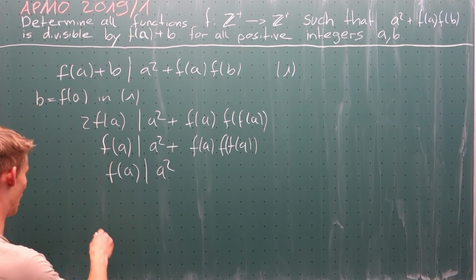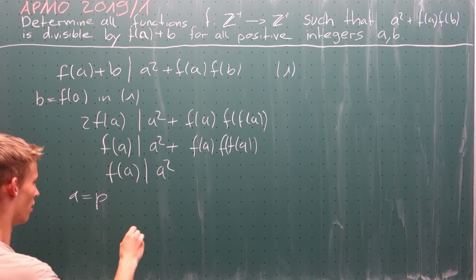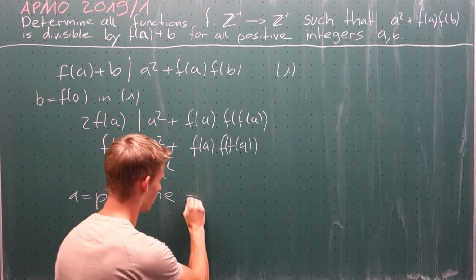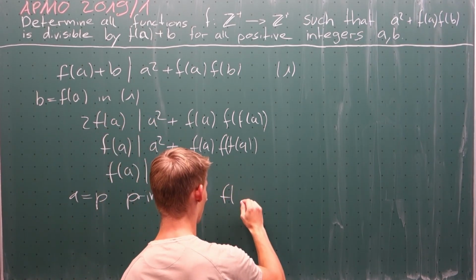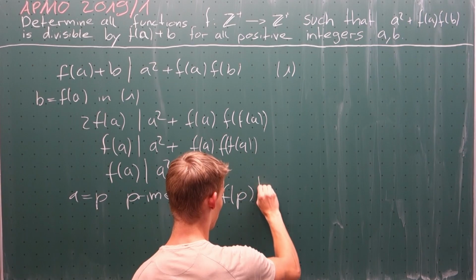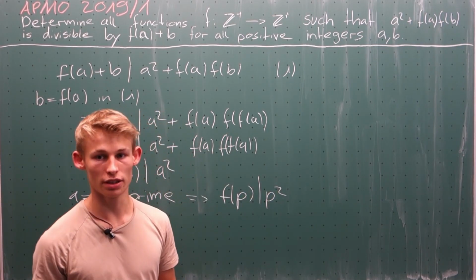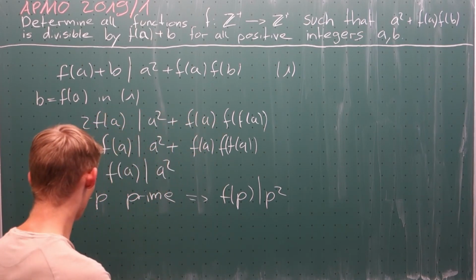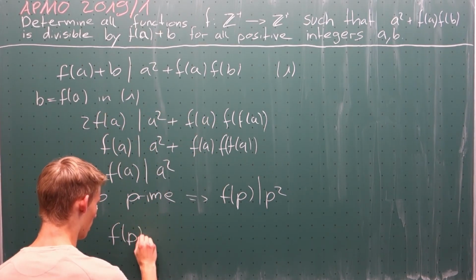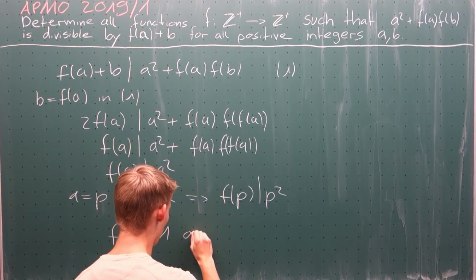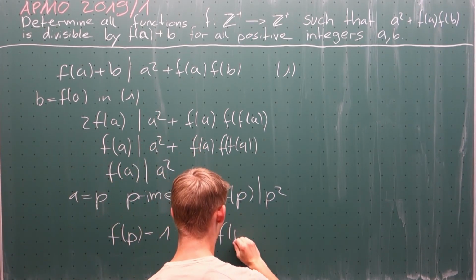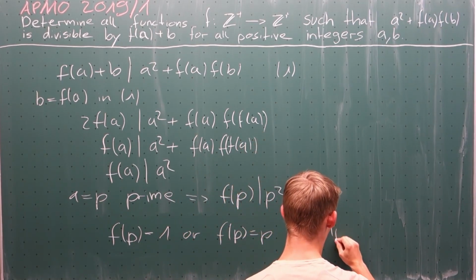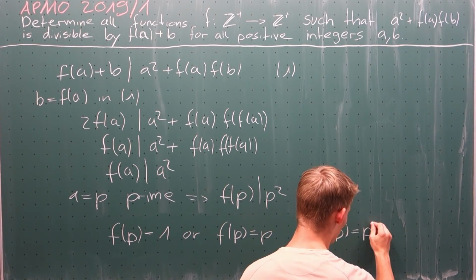So we choose a equals p, where p is a prime number, and we get that f of p divides p squared. And since the only divisors of p squared are 1, p, and p squared, we know that f of p is equal to 1, or f of p is equal to p, or f of p is equal to p squared.